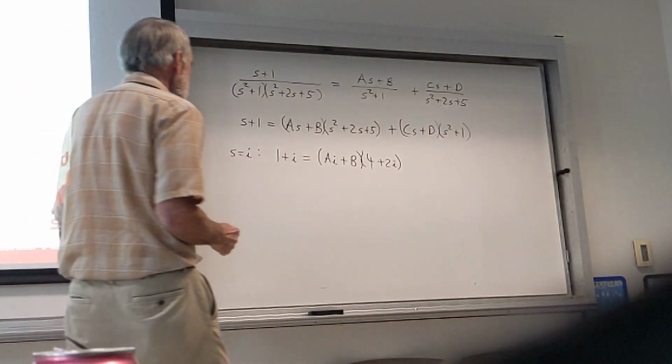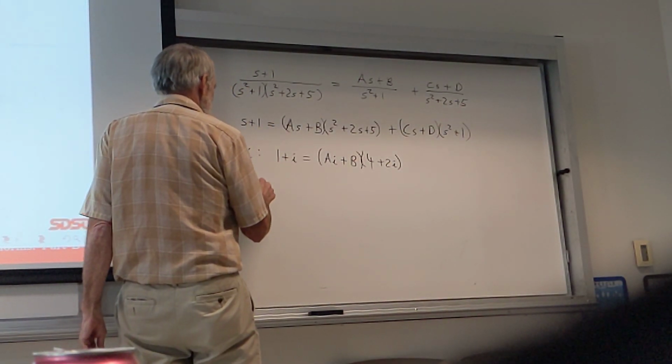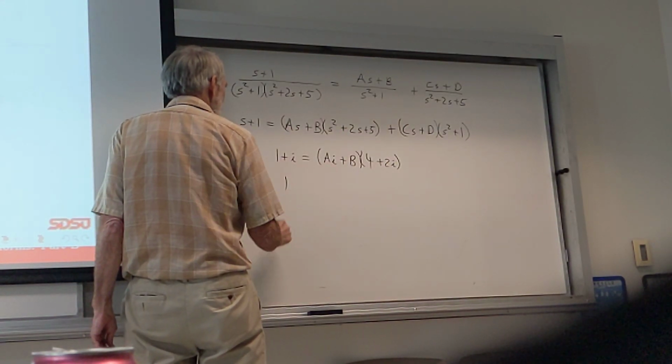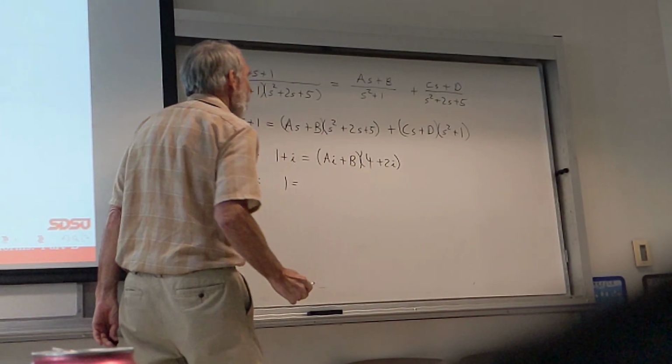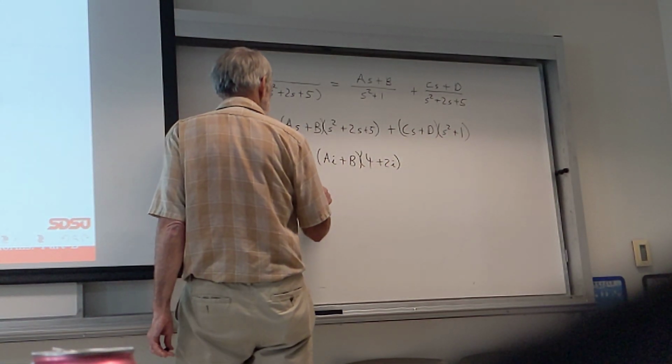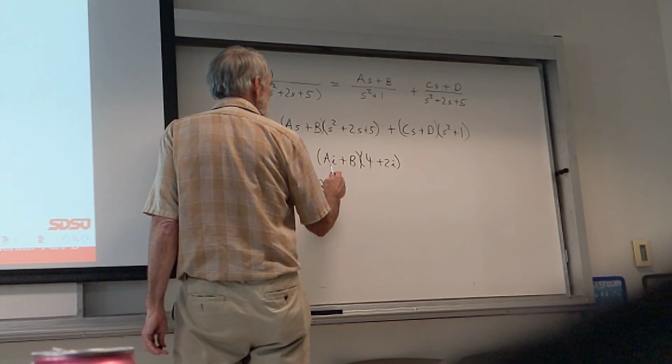Now, let's look at the real part. Over here, we get 1. What do I get for real over there? Negative 2a plus 4b.